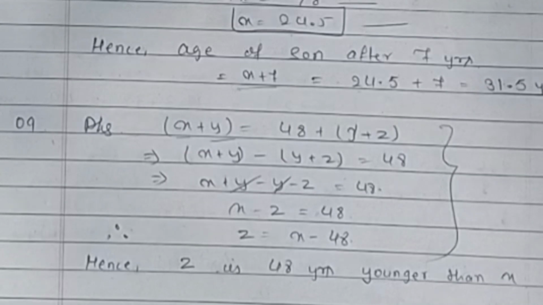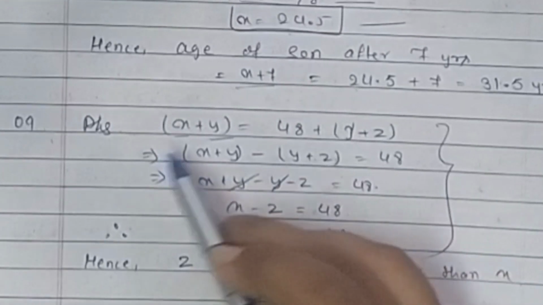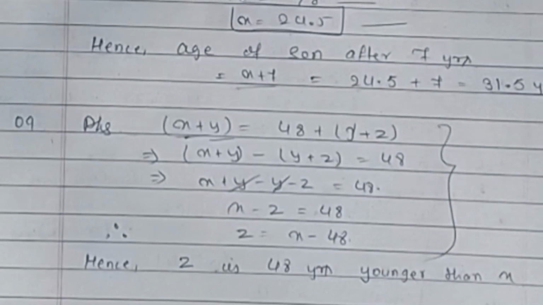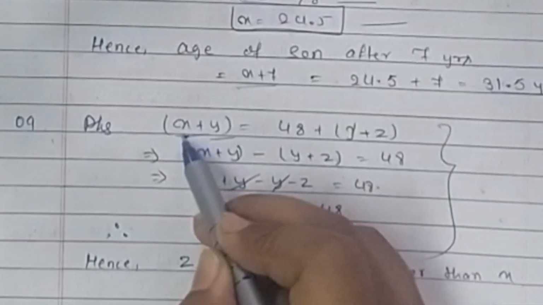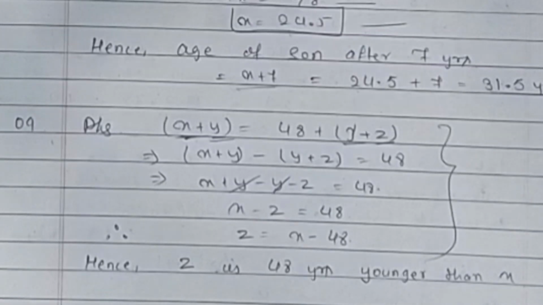So to simplify things, we didn't assume anything new. We just used the initials given in the question itself. So, whenever you see x or y in this 9th question, you have to assume the present age of x, present age of y, present age of z.